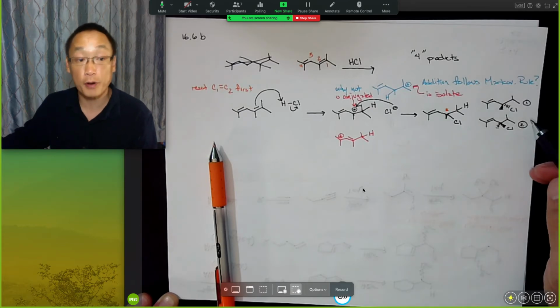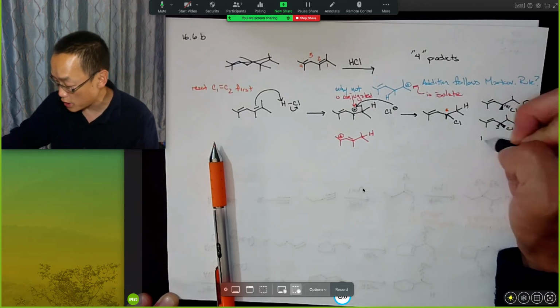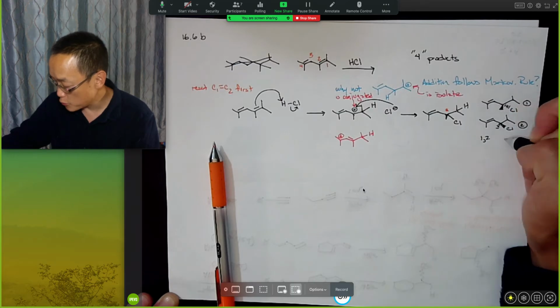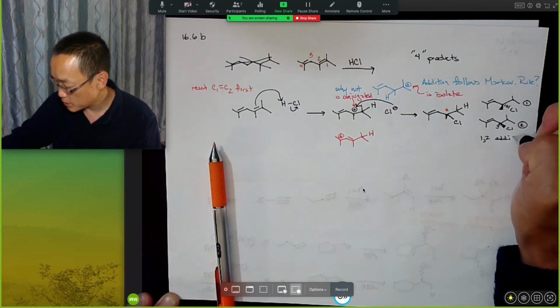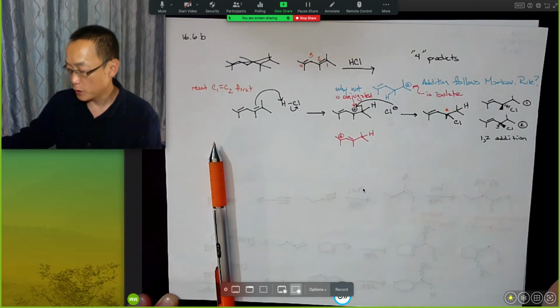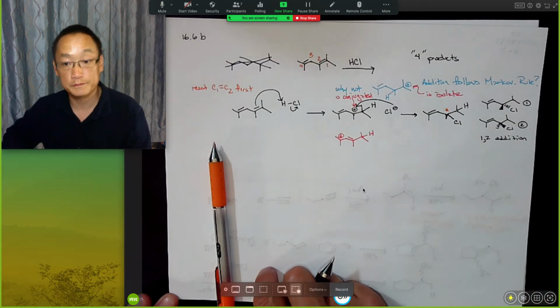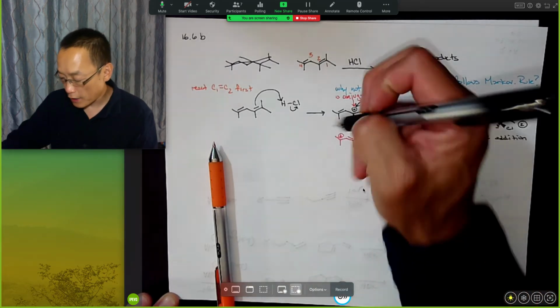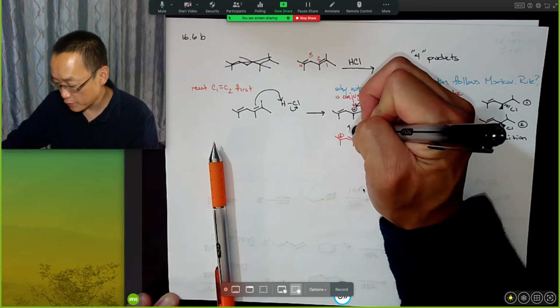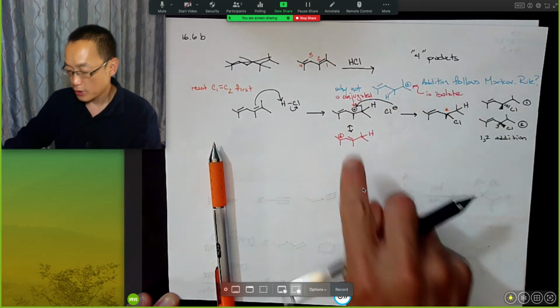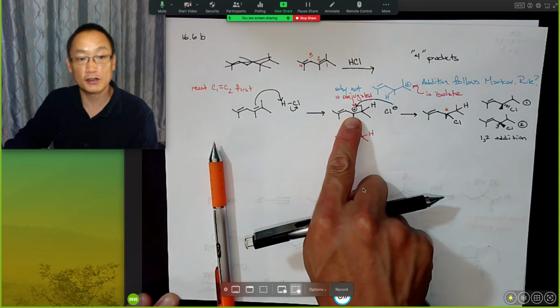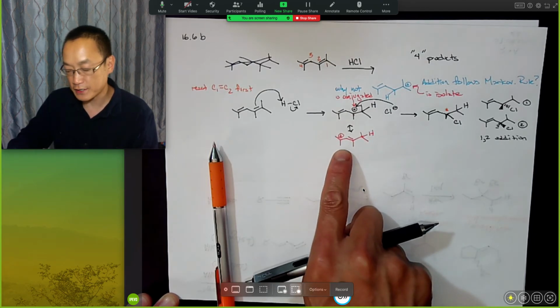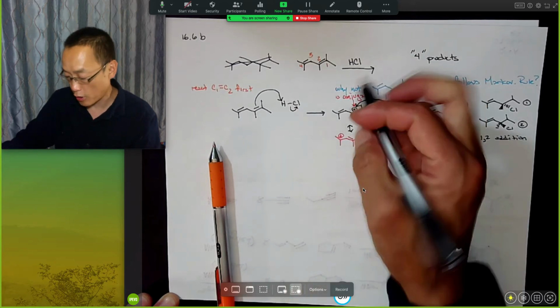Both of these products are a result of the 1,2 addition of HCl. Following that, we have this beautiful resonance structure of this allylic stabilized carbocation, which gives us the most stable carbocation.